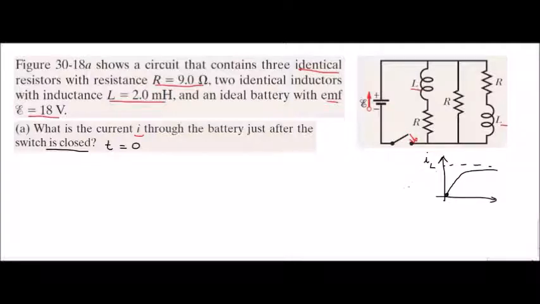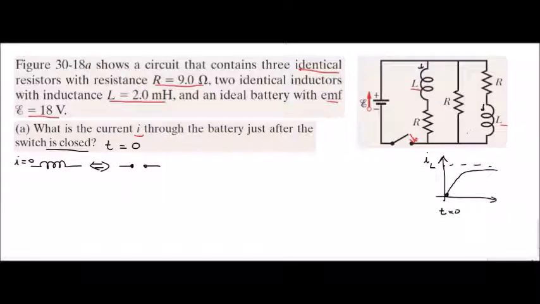That's what we have seen in the lecture. What will interest us here is what happens at t equals 0. We have a current equal to 0 in the inductors. What does it mean? The inductor will behave as what? When the current I is 0, the inductor is like a broken wire.